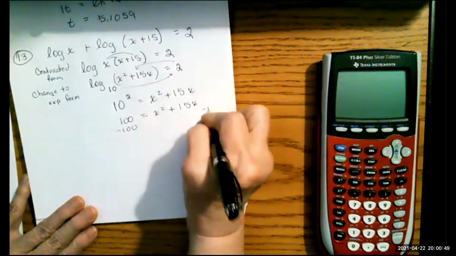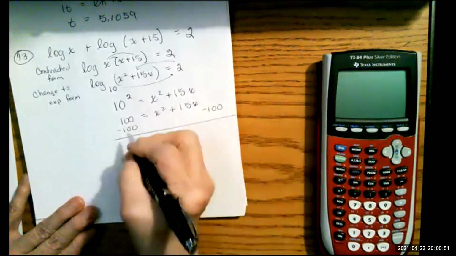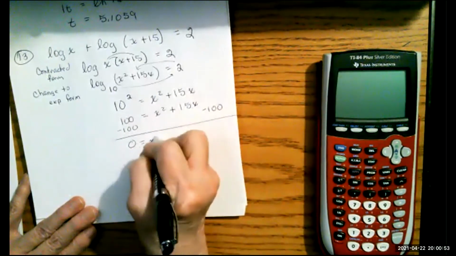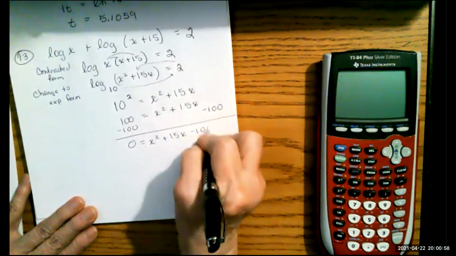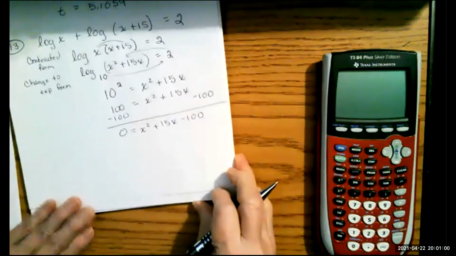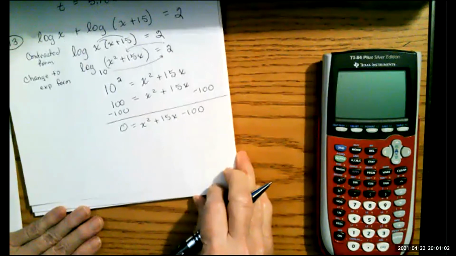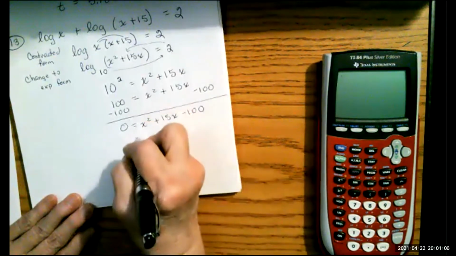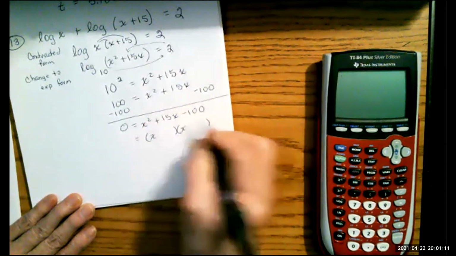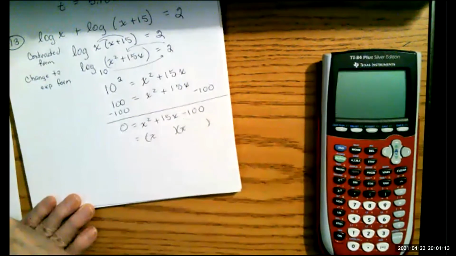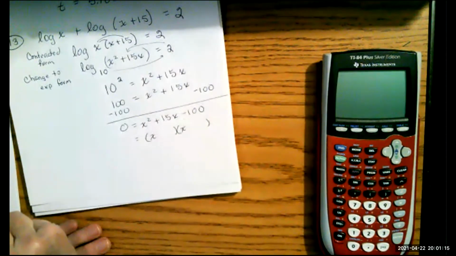Subtract 100 from both sides and set it equal to 0 like we did in our long ago quadratic life. Then you're going to factor this. It's a simple quadratic, so let's see. Got to find factors of 100 to get 15.